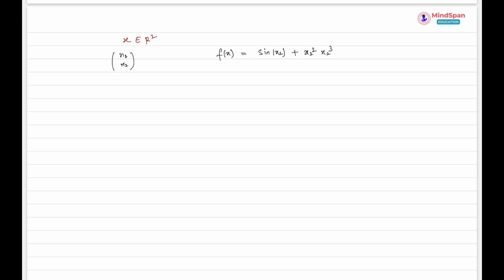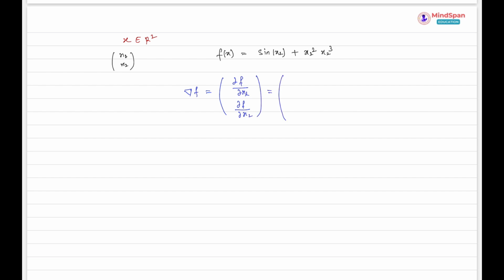So let's first find out what the gradient of this function is. You just need to find the first partial derivative with respect to x1 and the partial derivative of this function with respect to variable x2, right?